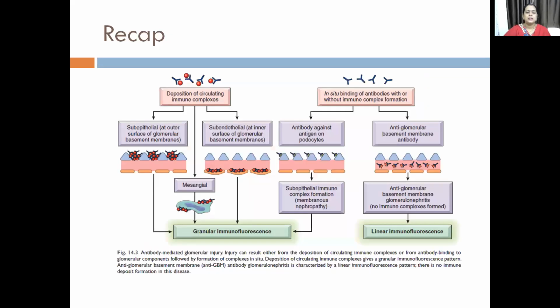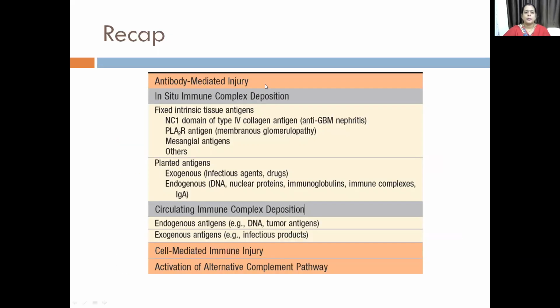The other one is the non-collagenous domain 1 of type 4 collagen antigen. We already spoke about anti-GBM nephritis, right? The planted antigens can be exogenous or endogenous. We spoke about the infant cow milk and all. The circulating immune complex depositions are endogenous antigens.